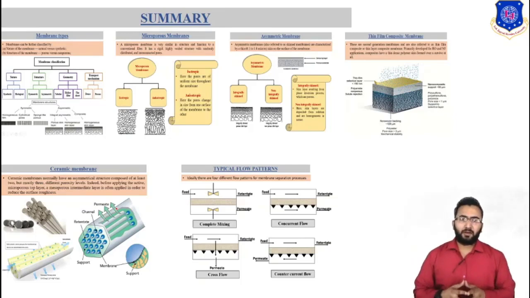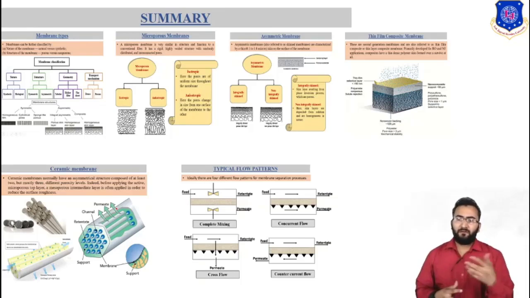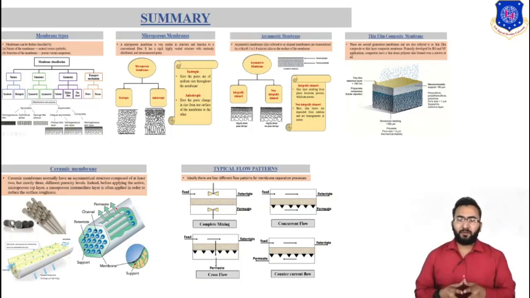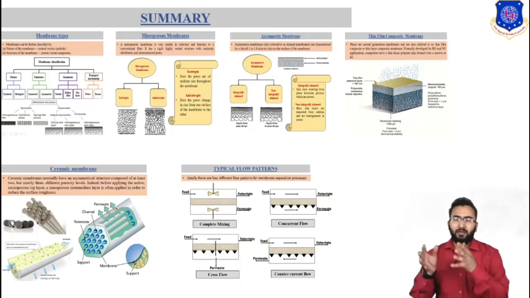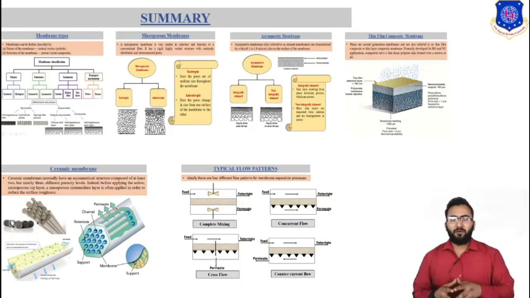Then we discussed the thin film composite membrane, the ceramic membrane, its application and importance, and flow patterns in membrane separation process such as complete mixing, co-current flow, counter-current flow and cross flow.